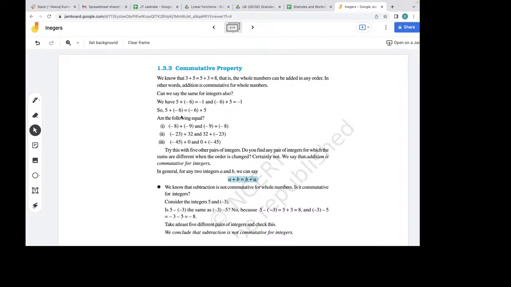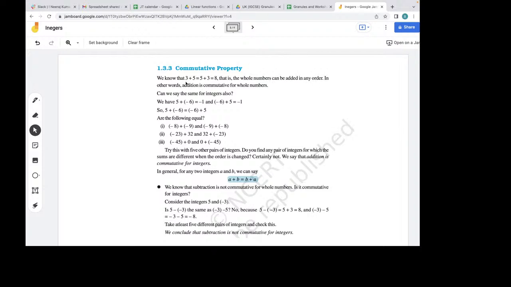Now let's move on to the commutative property, and let's figure out about it. So we know that 3 plus 5 is equal to 5 plus 3 is equal to 8. That is, the whole numbers can be added in any order.